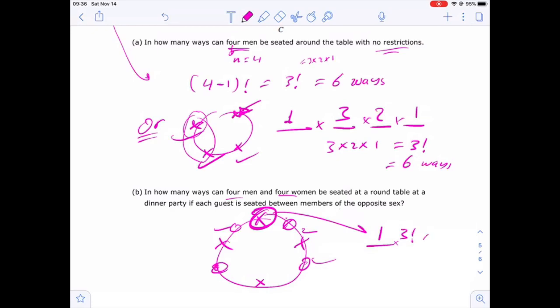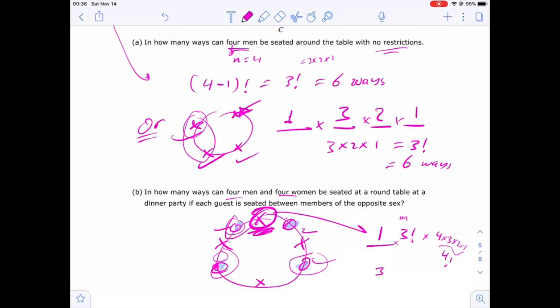And for women, if we choose this seat here, the first woman can be seated here, here, here, or here. So she has 4 choices. The second one has only 3 choices, the third one has only 2 choices, and the last one has only 1 choice. That's 4 factorial.